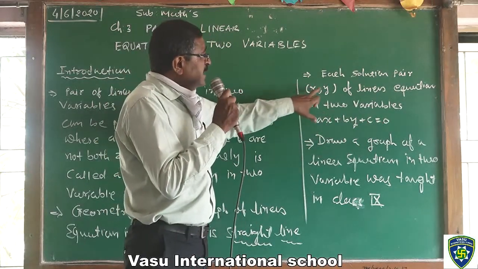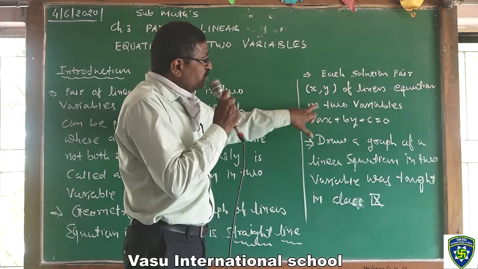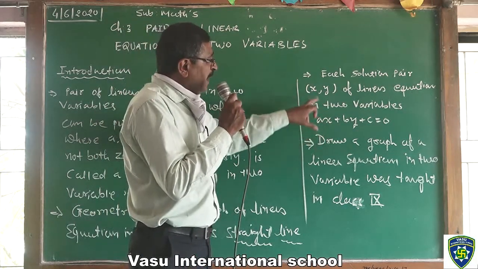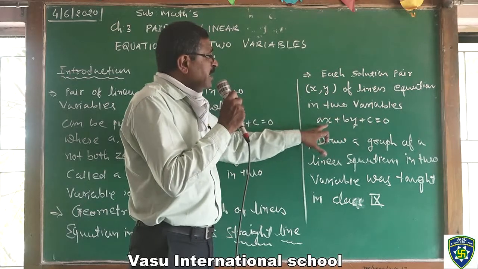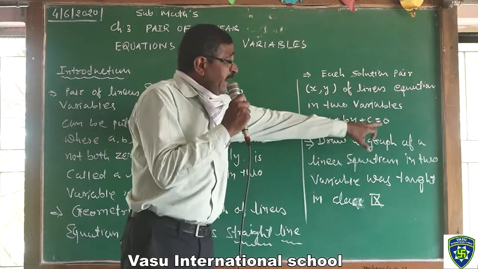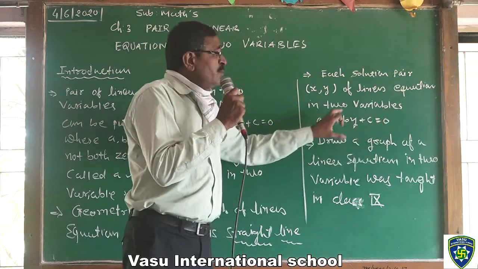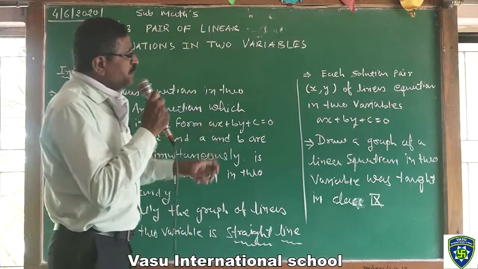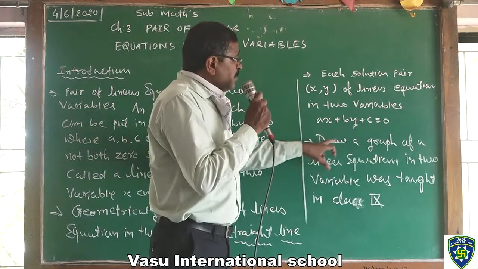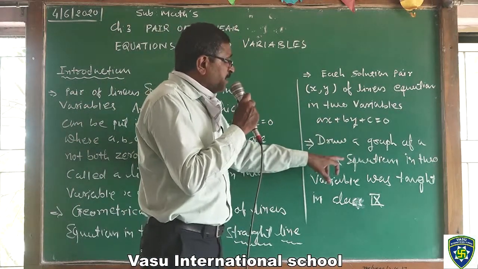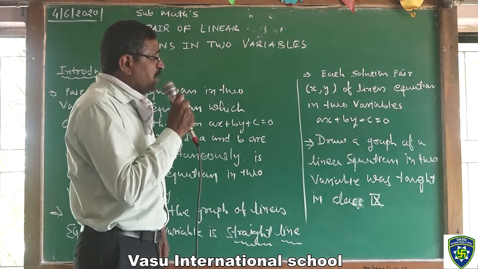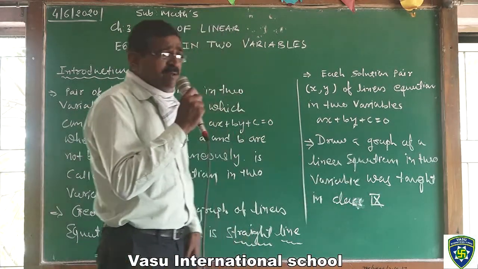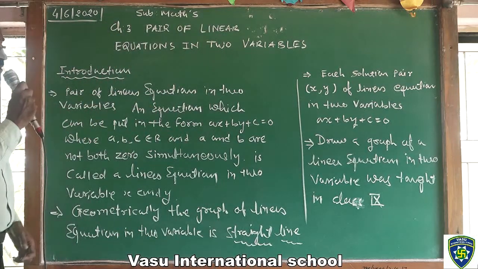That means x and y are a solution of this equation if we put the values of x and y in this equation and get the answer 0. Clear? Drawing the graph of a linear equation in two variables was taught in class 9. Clear, student?